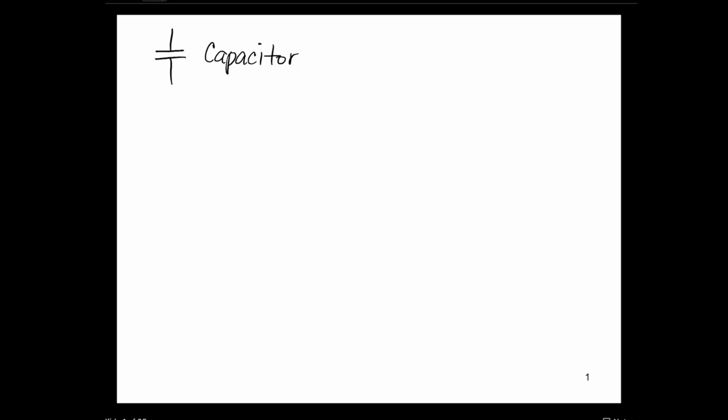So again, a capacitor is two electrically isolated plates, and we have the schematic symbol shown here for a capacitor. And just like it shows, it looks a lot like a DC source or a battery with two plates of equal size.